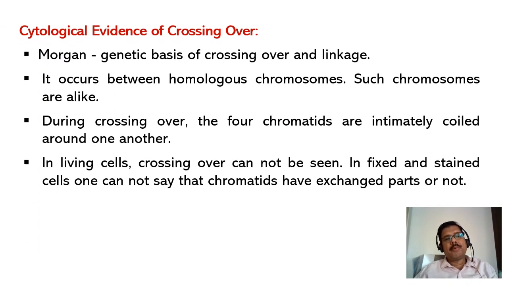Morgan and his collaborators established the genetic basis of crossing over and linkage, described as the exchange of parts between the homologous chromosomes and the linear arrangement of linked genes along the chromosomes.